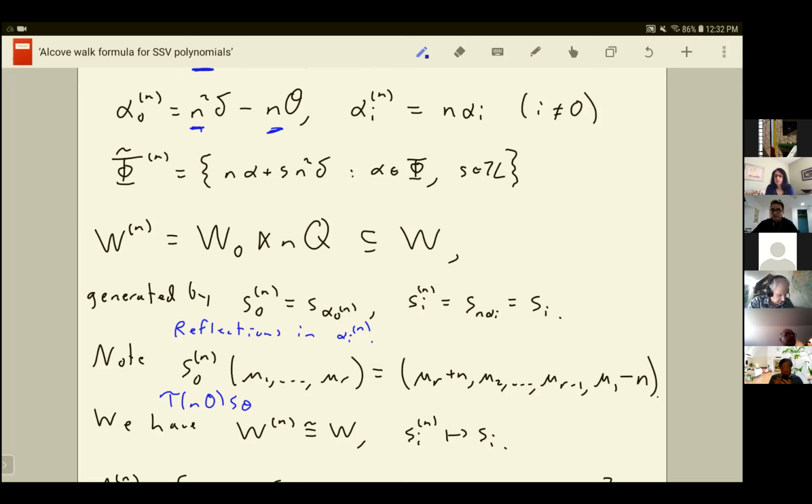For example, for SL3 you have a triangle, the fundamental alcove, with two simple roots passing through zero and another affine root completing the triangle. You just move that wall much further away, so you go to n theta instead of theta.